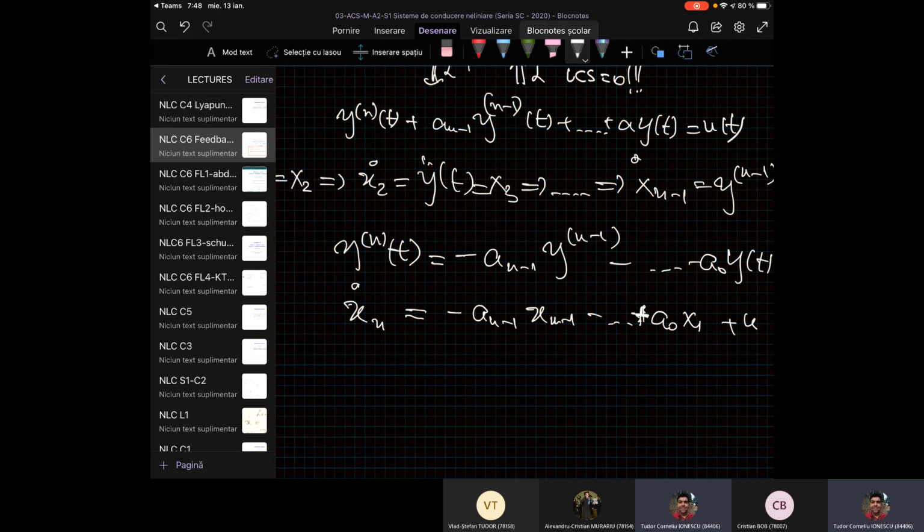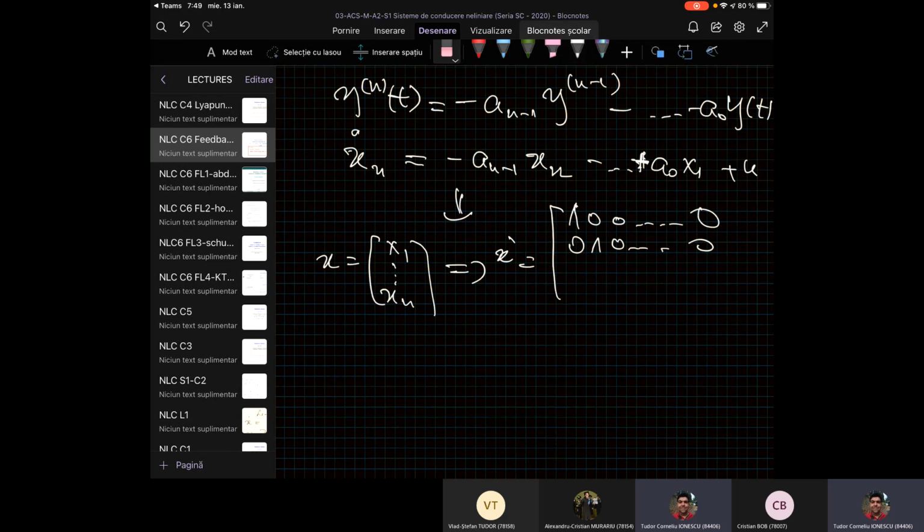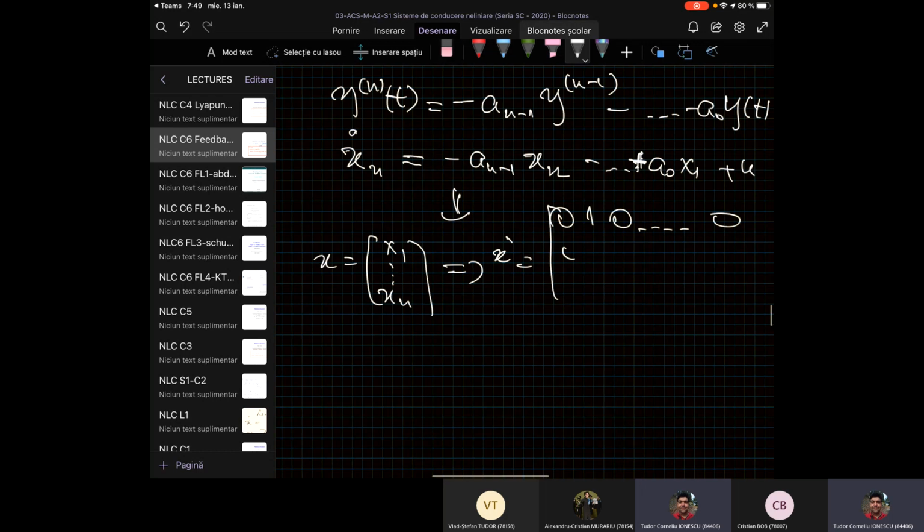Okay. I think here it's just x_n. Sorry, no, it's okay. Yes, it's x_n. This is something you used to do. So in compact form, if x equals x1 down to x_n, then x dot is the matrix with rows 0, 1, 0, 0; 0, 0, 1, 0; and going down, 0, 0, 0, 1.